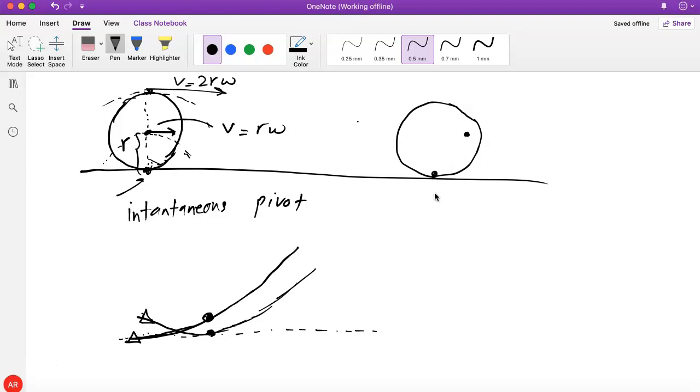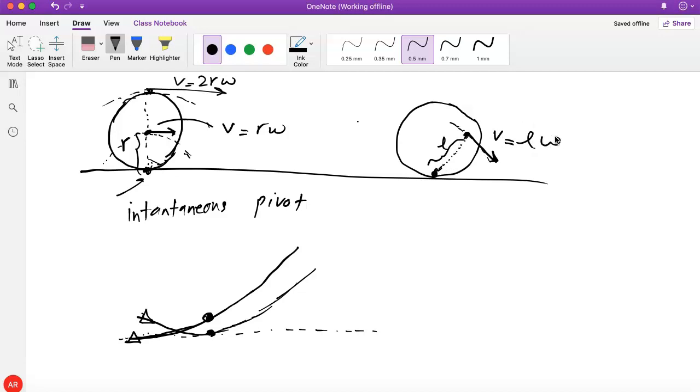What is its instantaneous velocity in terms of omega? Well, if I think about an instantaneous rotation around that point of contact, instantaneously it looks like it's tangent to a circle like this. So if this distance from the lowest point to the point I'm interested in is L, then its velocity is going to be tangent to that circle, perpendicular to this line I drew from the point of contact to the point I'm interested in. And then I just have to multiply L, the effective radius, by omega.